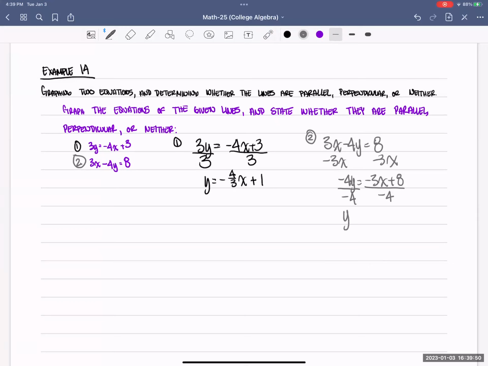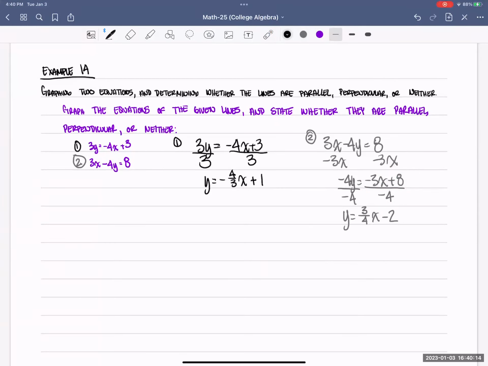We end up with y is equal to, now here we have negative divided by negative, that's going to be a positive. 3 and 4 do not simplify, so it's just going to be 3 over 4x. And 8 divided by negative 4 is going to be a negative. 8 divided by 4 is 2.